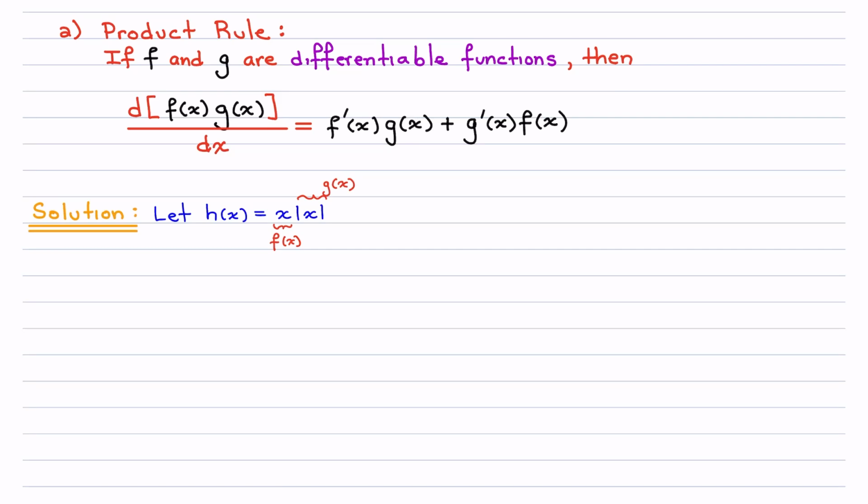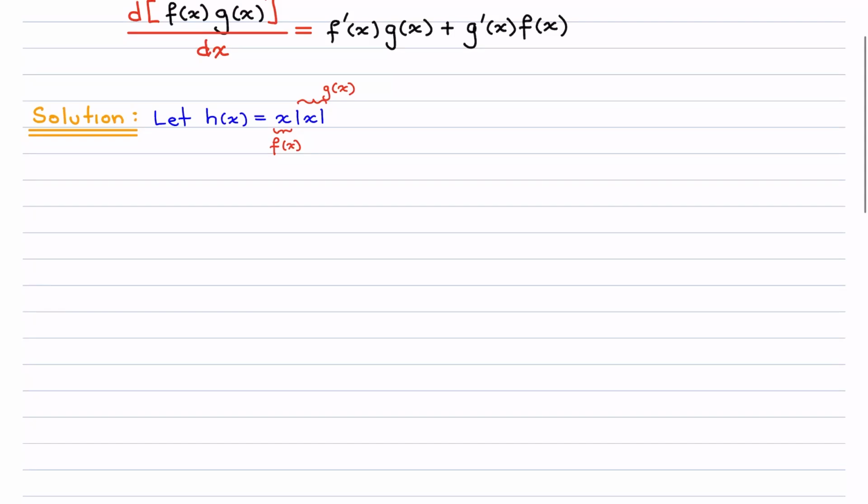Okay, so by the product rule, we would see that h prime of x is equal to the derivative of the first, which is f prime of x, which is just 1, times the second function, which is simply g of x, the absolute value of x, plus, and that plus comes from this plus right here of the product rule, the derivative of the second function.